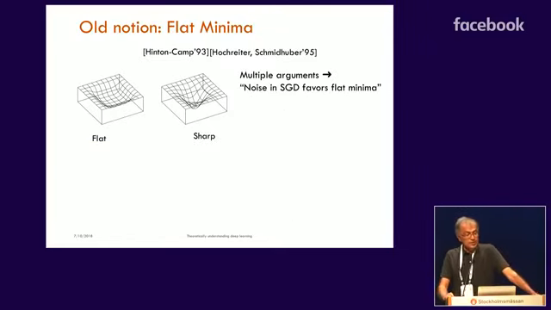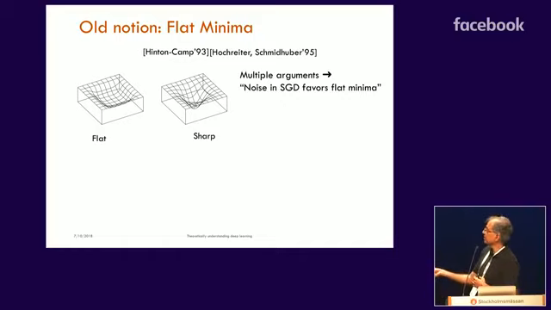Okay, so now there's an old notion called flat minima, which has been suggested as a reason why deep learning generalizes. And there are various intuitive arguments which say that because there are all these sources of noise in the training, for instance, stochastic gradient descent, this noise favors flat minima. So a flat minimum, as the name suggests, is this region in the landscape where you can move the solution a lot in the neighborhood, and it doesn't change the value.